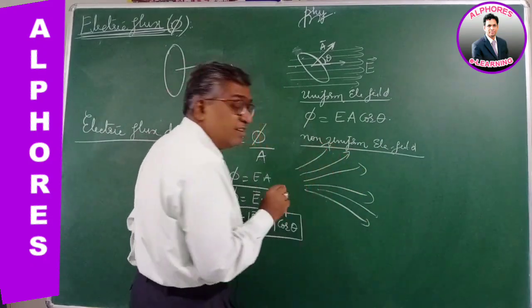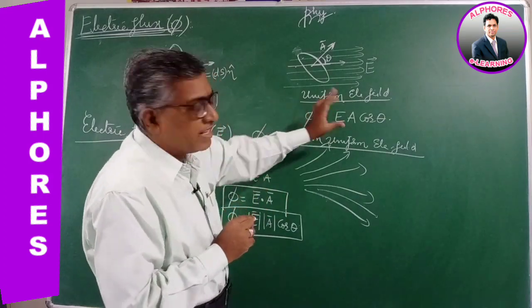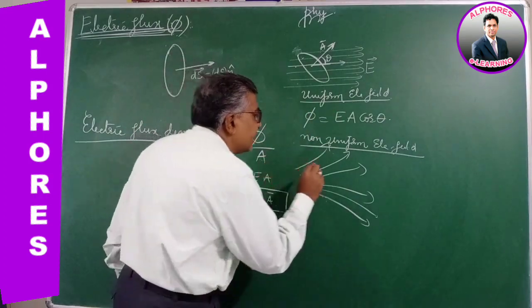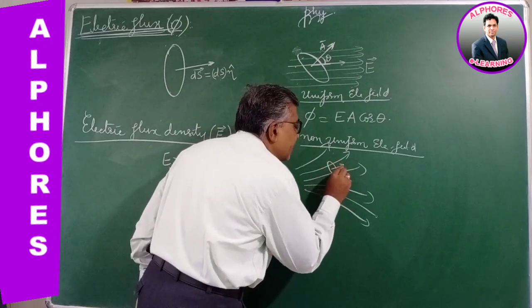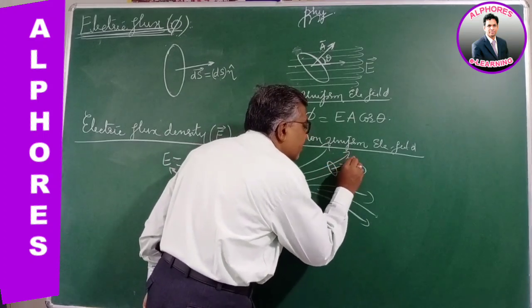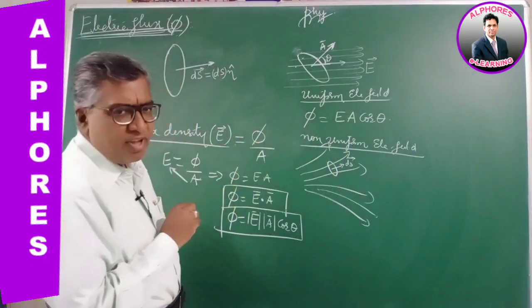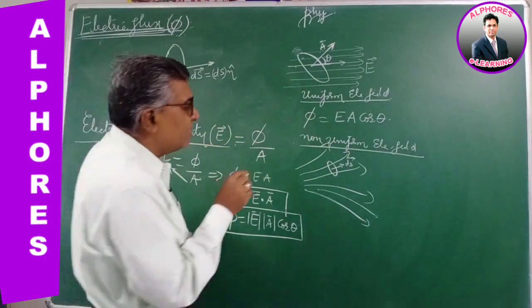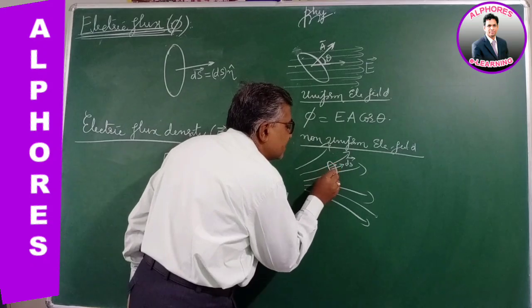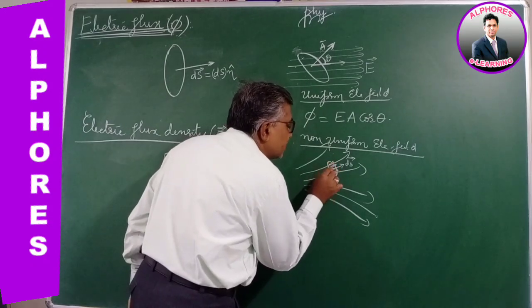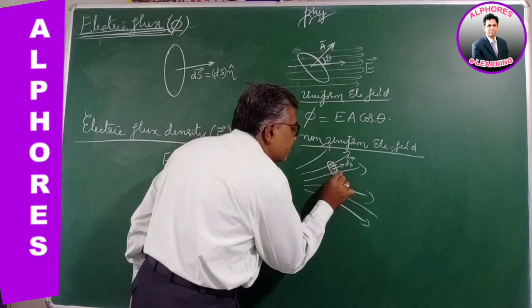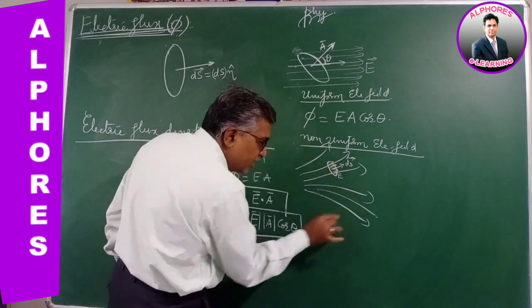Now in this case, we cannot use the total formula like this. So let us consider a small area element ds bar. Let's suppose that over this small area the electric field is constant, within this small area only, not at all places.